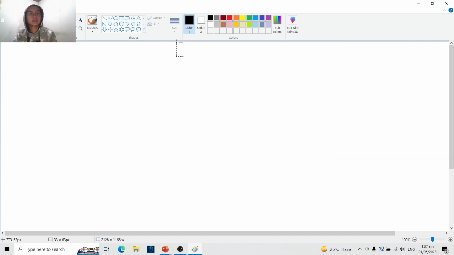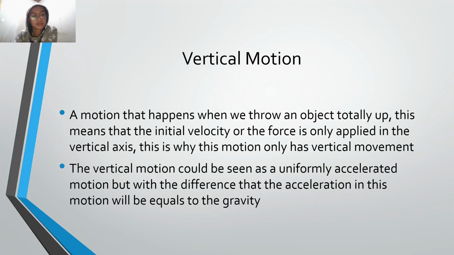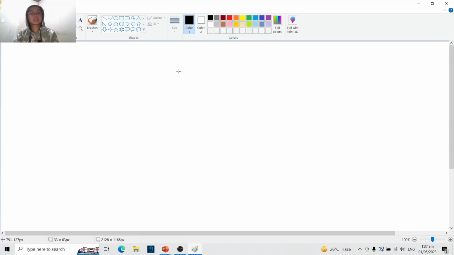So, okay, let's proceed. The vertical motion could be seen as a uniformly accelerated motion, but with the difference that the acceleration in this motion will be equals to the gravity. So for instance, maglabay ka og bato. Labay kag again, balik ka tong labay kag bato.